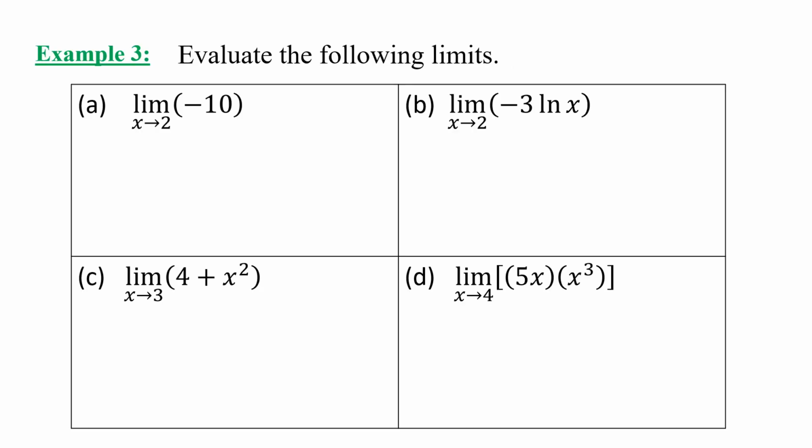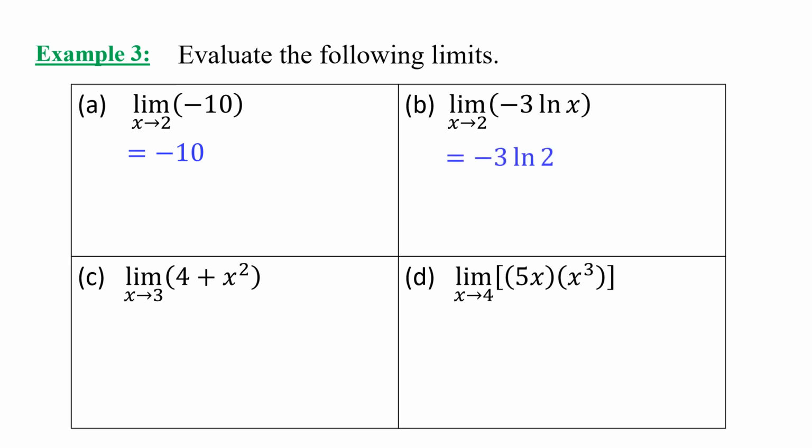Example 3. Evaluate the following limits. Question A. The limit as x approaches negative 10. So we want to evaluate the limit for the constant function, and we know from the previous properties that we have learned, we will get back negative 10. Question B. The limit as x approaches 2 for the function negative 3 ln x.